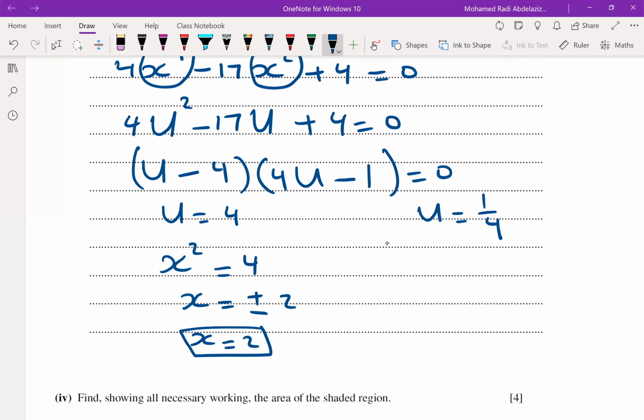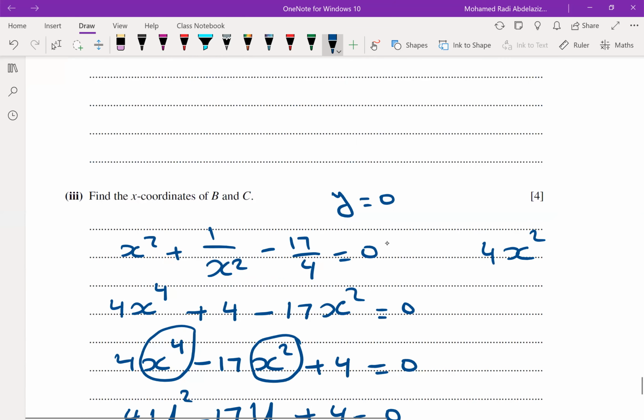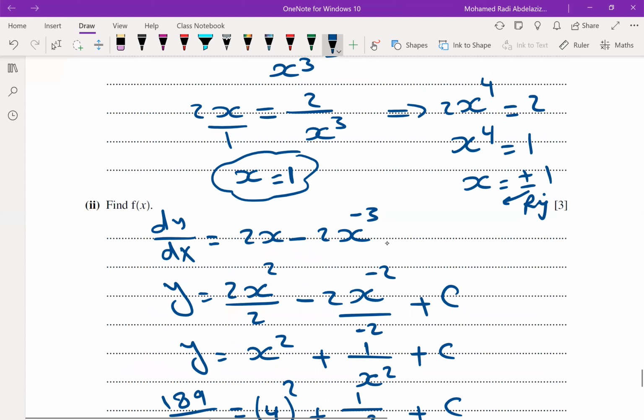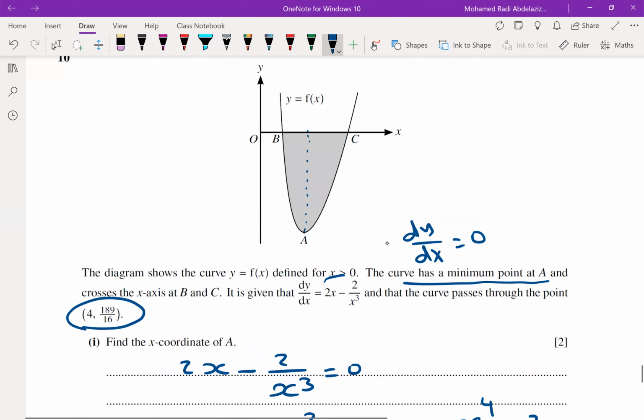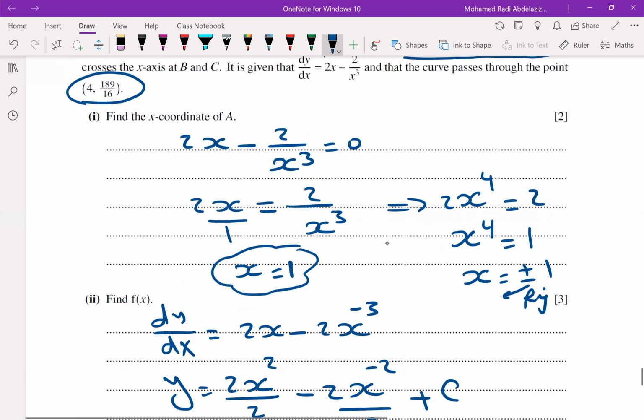The other value, u, x squared is equal to a quarter; by taking the square root, positive or negative half. Also we use only the positive value. He asked to get the x only. B and C, it's clear from the curve that B is less than C. So B is half and C is 2.